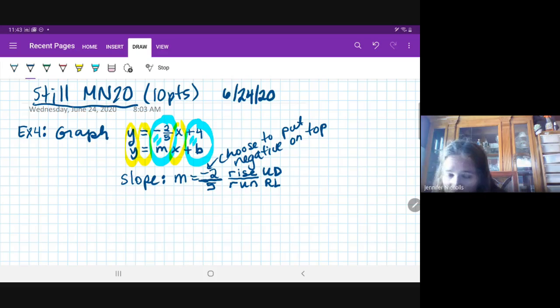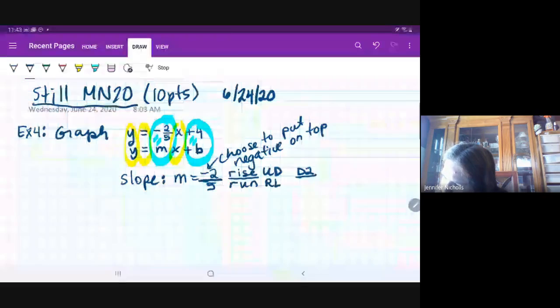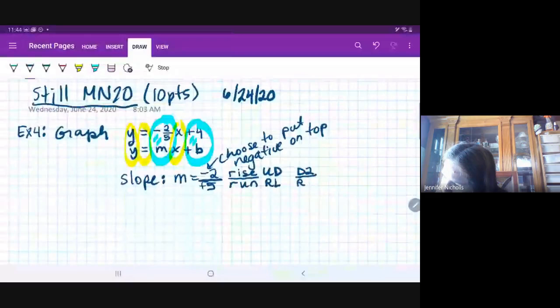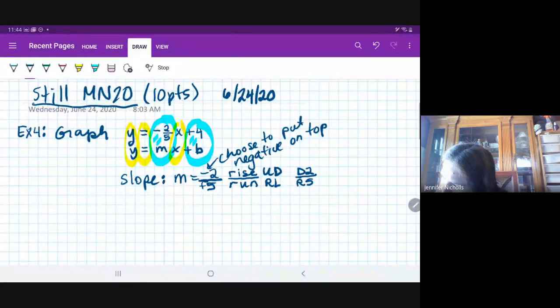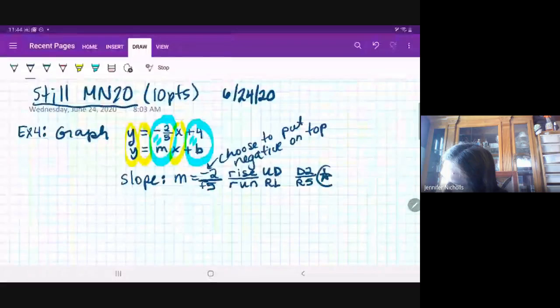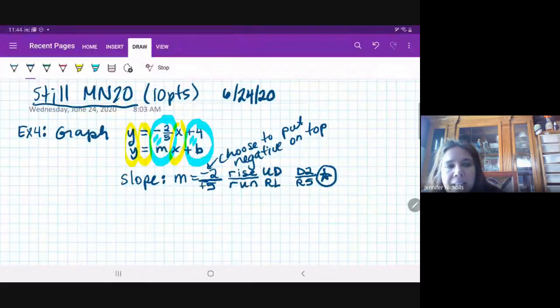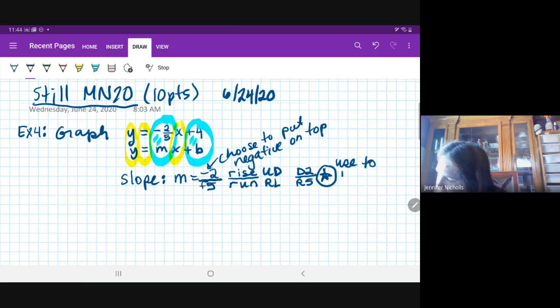Okay, so what we're going to write is the -2 means down 2, and the +5 means right 5. And then let's put a star by this because we're going to want that later. So this is what you use to make lots of points.